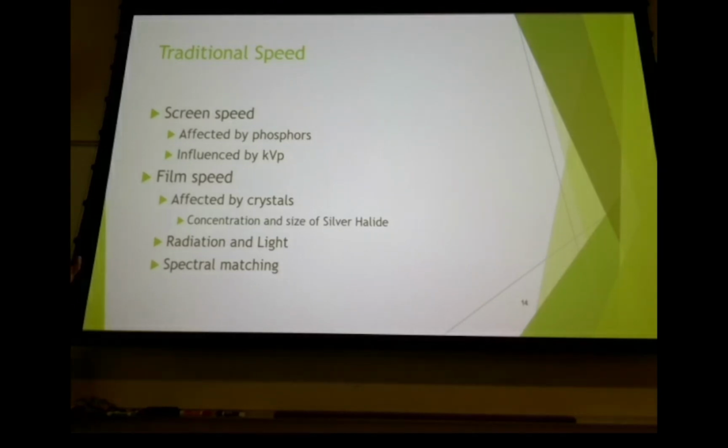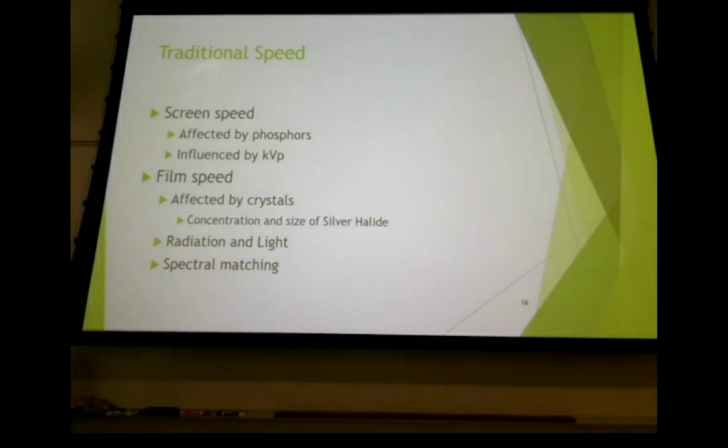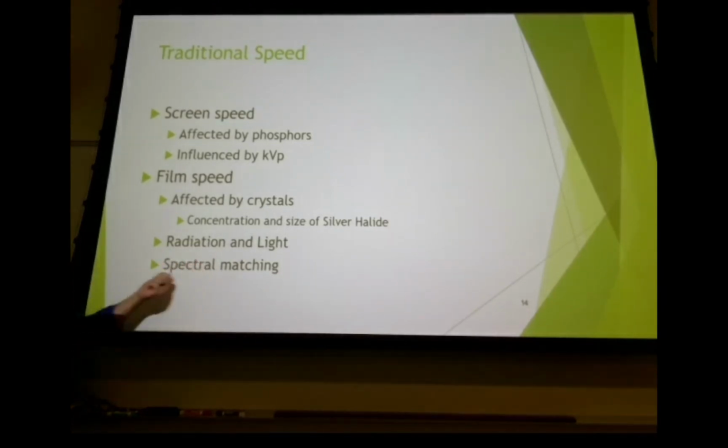So the point to all this is if you used a Kodak film inside of the other cassette, then it's going to be less efficient because it's only going to pick up those blue light waves, right? So they had to be spectrally matched, and what that means is the right film with the right screen so that you optimize the amount of light that you're going to visualize.